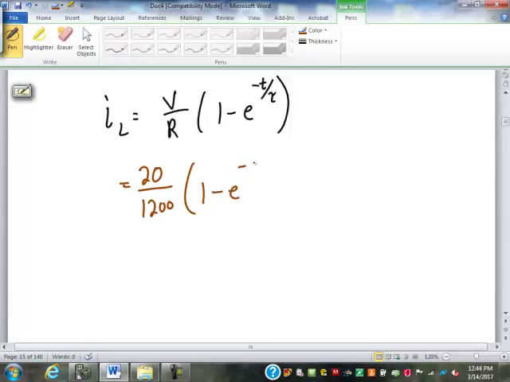Our time is 0.12 milliseconds, so 0.00012 seconds, divided by tau. Remember, that is going to be inductance divided by resistance. So millihenries is 0.250 henries divided by resistance of 1200.